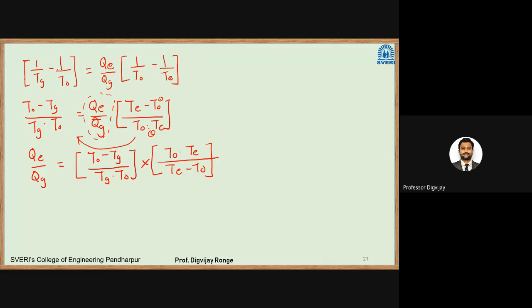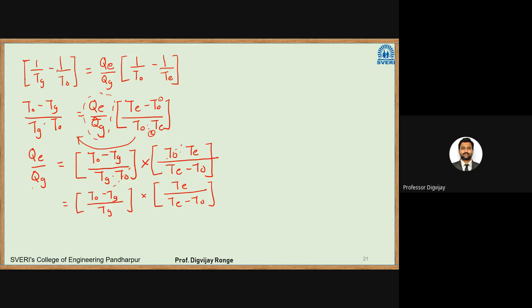You can see this To and this To will cancel because one is in the numerator and another is in the denominator. This will reduce to To minus Tg divided by Tg into Te divided by Te minus To.